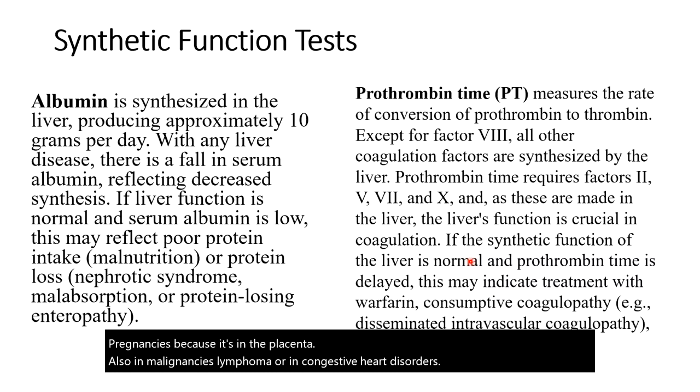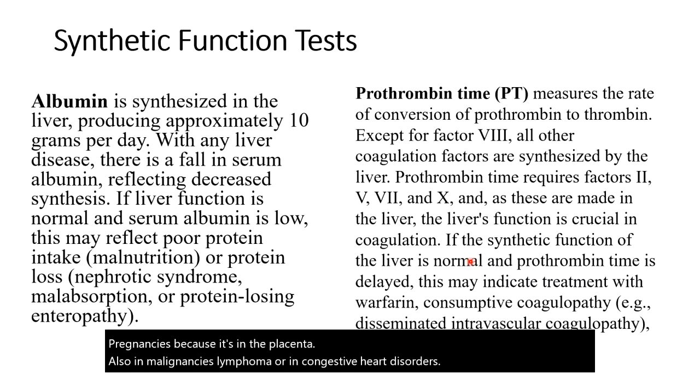Prothrombin time measures the conversion of prothrombin to thrombin, and except for factor VIII, all of the other ones are synthesized in the liver. Prothrombin time is measuring factors 2, 5, 7, and 10, and those are crucial for coagulation.